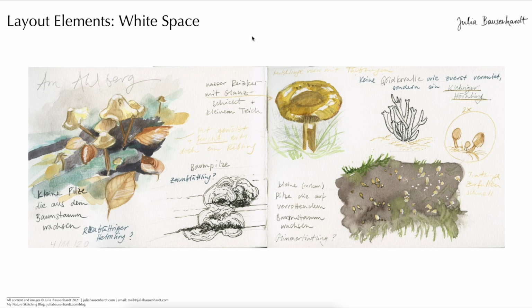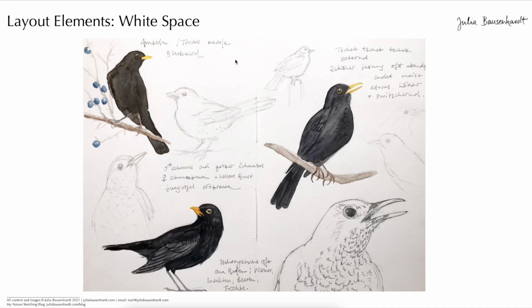White space can be described as the areas between different elements, but also the white areas between lines or text blocks. These are also important. If you have too little white space, your page will look very crowded, and if you have too much, it can look a bit empty. And here is another example for white space.